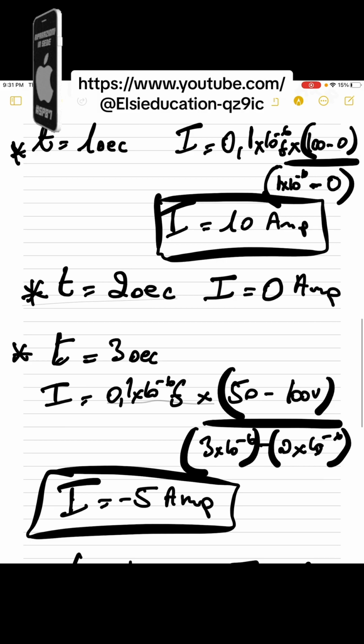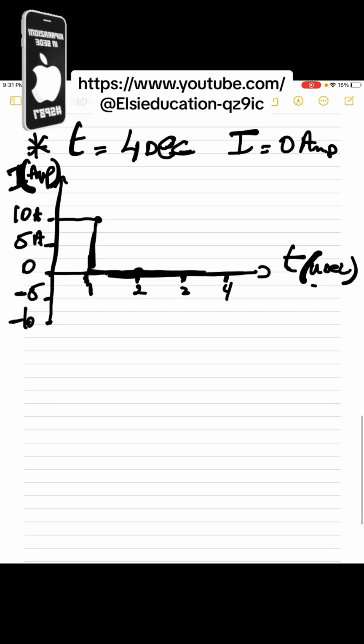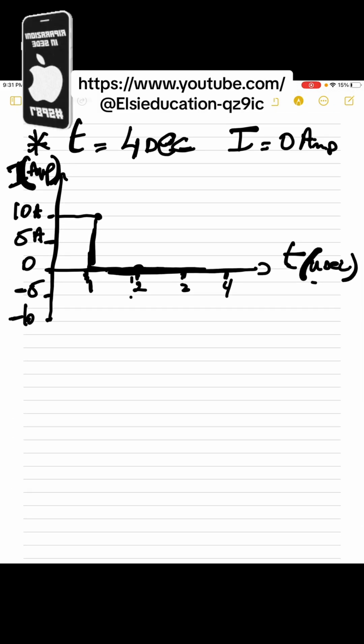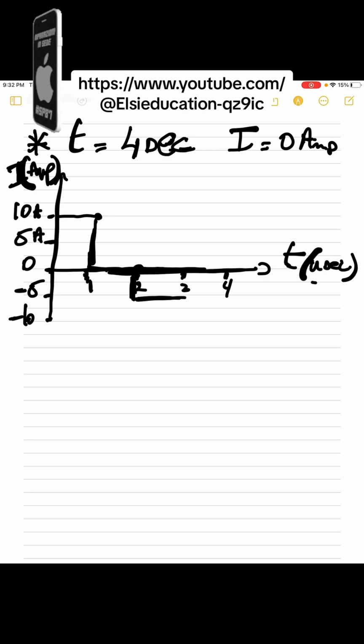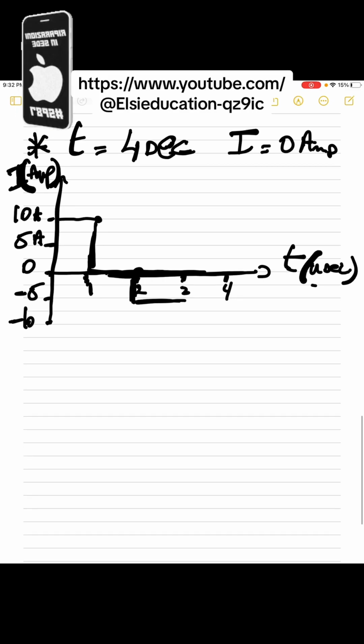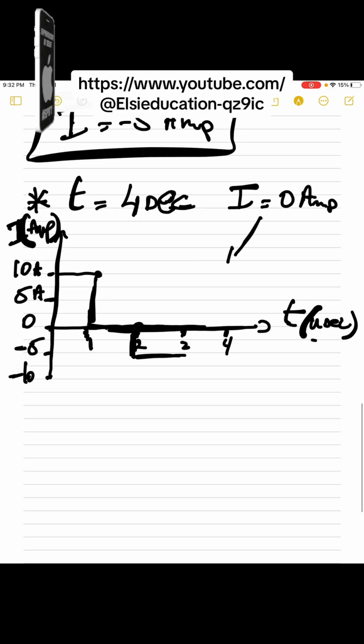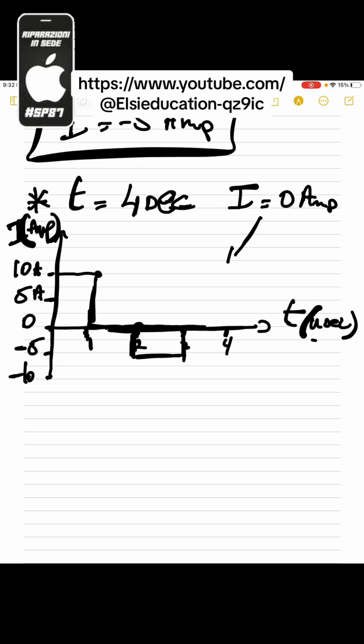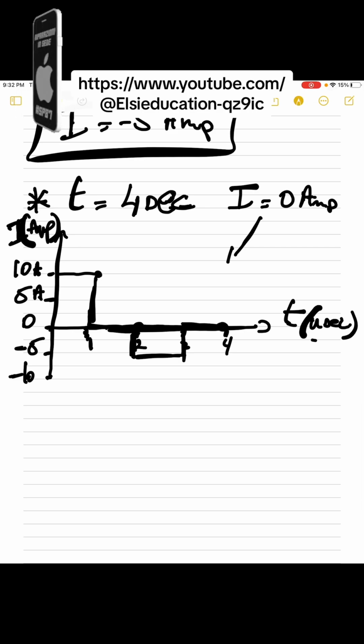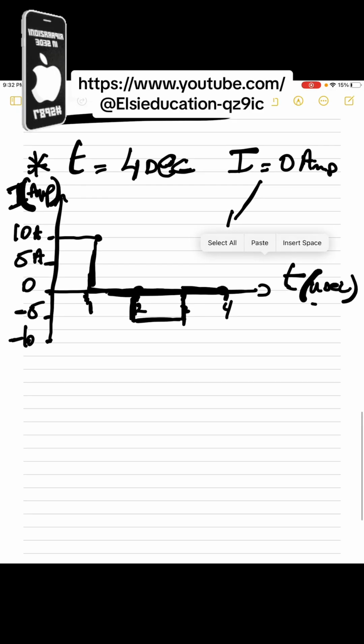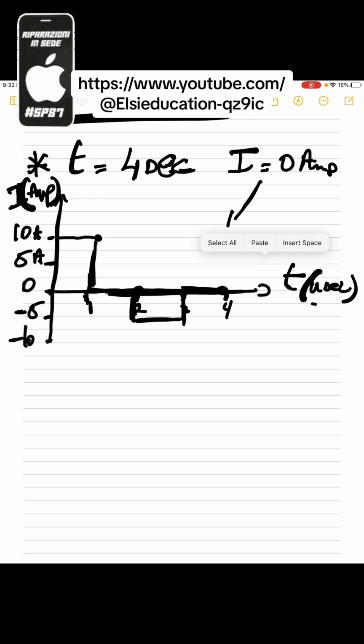When time equals 3, current is minus 5, so it's going to go down here and go to 3 seconds. When time equals 4 seconds, amp equals 0, so it's going to go up here and equal 0. And this is how we do the current in relation to the time comparison.